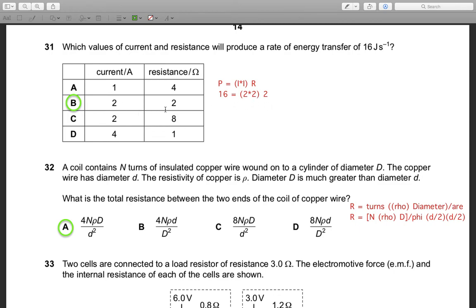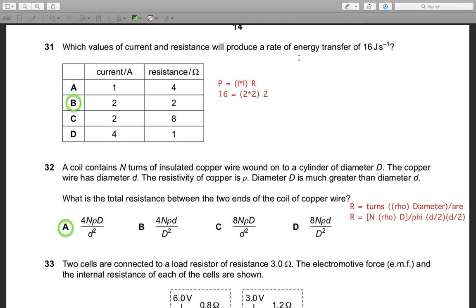2 times 2 is 4, or 2 times 4 times 4, no, no. What is the problem?